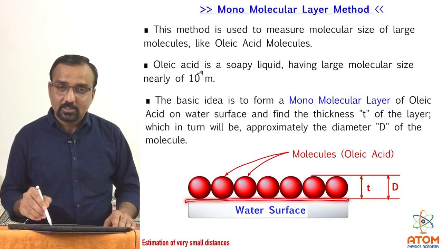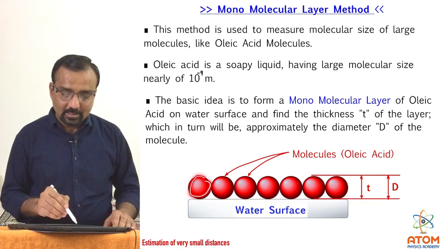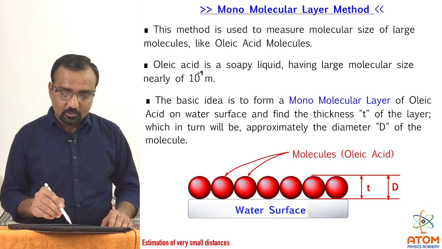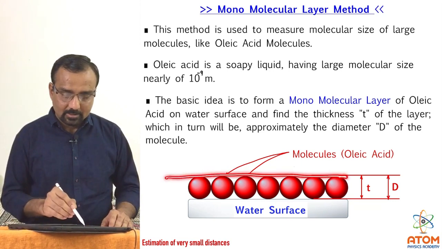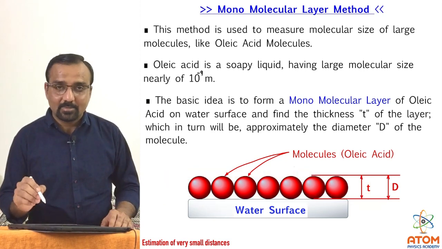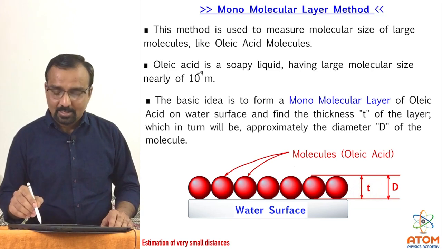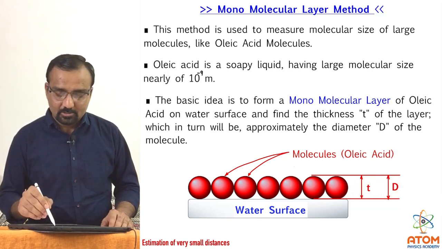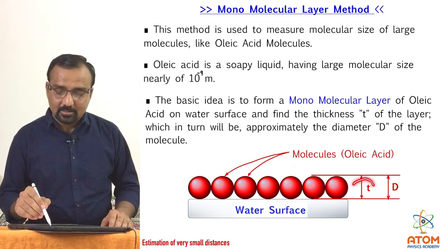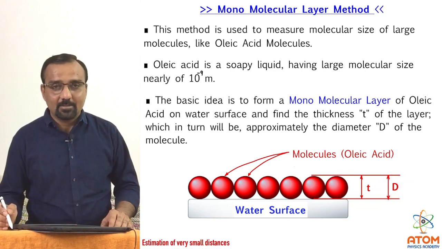This is the water surface on which only a single molecule layer of oleic acid is shown. So this layer has a thickness T. At the same time, this thickness T is the diameter of the molecules of oleic acid. So if we can measure the thickness of this layer, that is the oleic acid layer, then we can come to know about the diameter of the oleic acid molecules.